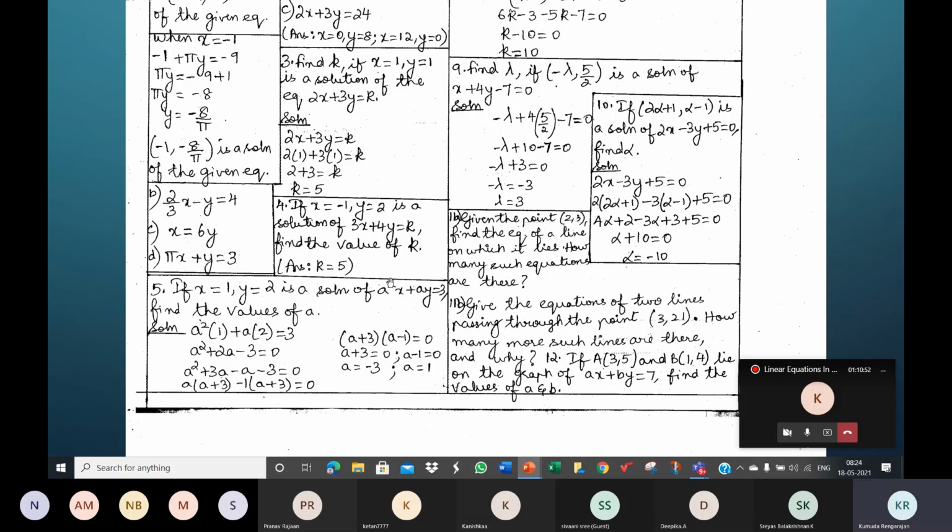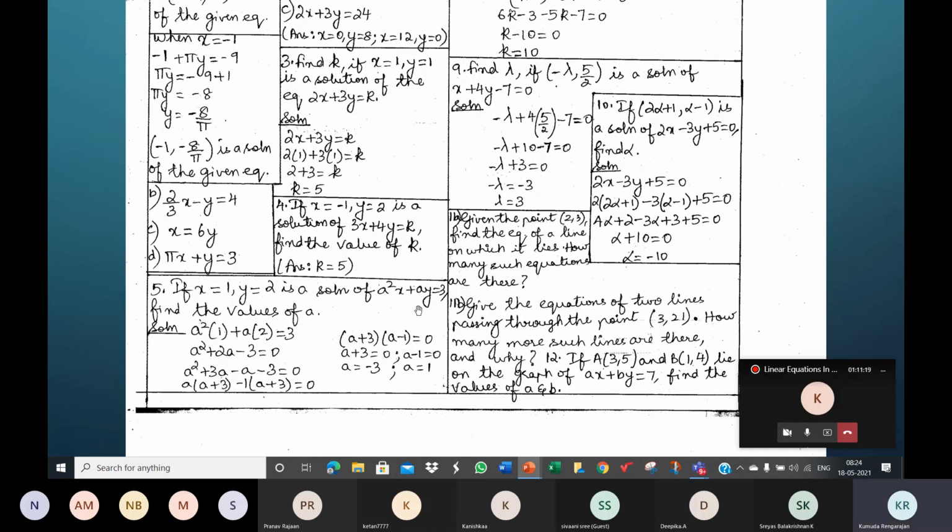In place of a, use minus 3, that can be the equation, or in place of a, use 1, in which case you get 1 square is 1, so x plus y is equal to 3.